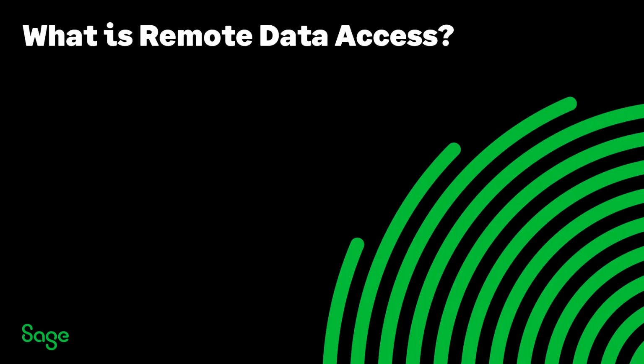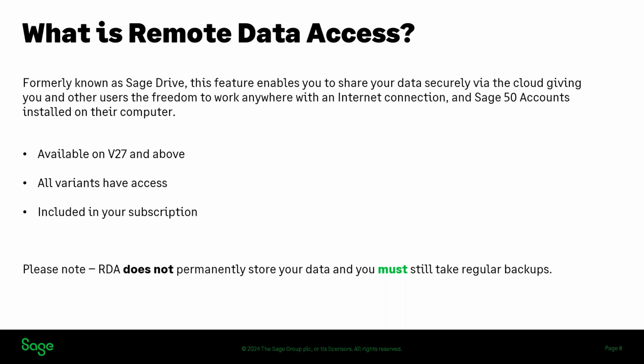Okay, so what is remote data access? It's formerly known as Sage Drive, which was introduced in version 21, and it's now known as remote data access. This feature enables you to share your data securely via the cloud, giving you and other users freedom to work anywhere with an internet connection and Sage 50 accounts installed on your machine.